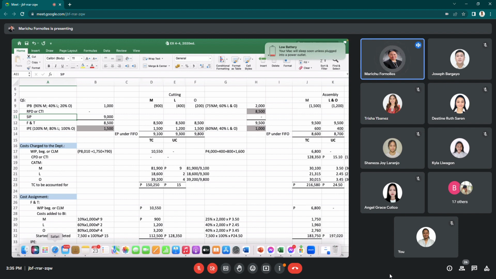Okay, next step is the cost assignment. When we say cost assignment, that is assigning peso amounts to the targets. So as you can see in the quantity schedule, we have 2 targets, the F&T and the work in process end.